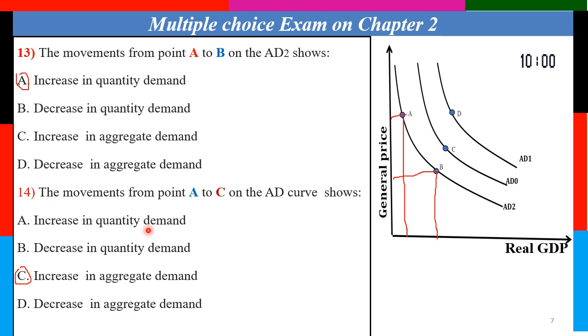Please identify when we say change in the quantity demand and the change in the aggregate demand. Change in the aggregate demand means the aggregate demand curve completely shifts either from the right to the left or from the left to the right. So read from your notes what we already discussed.